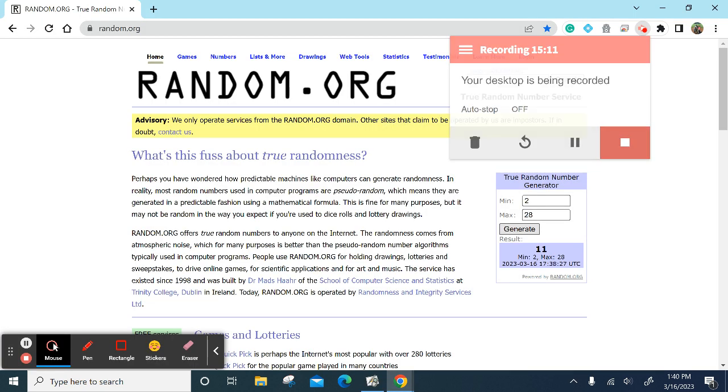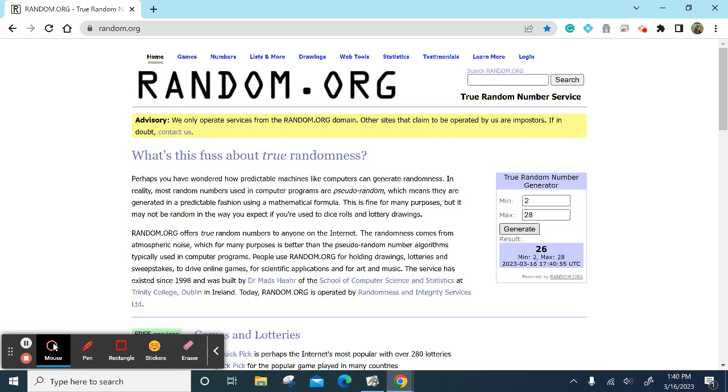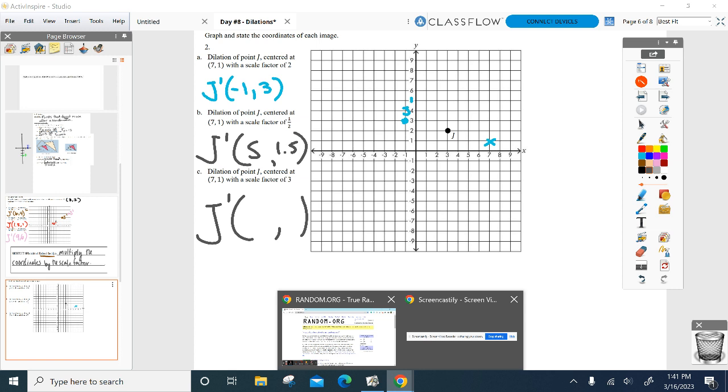Where's J prime go after a dilation of 1/2? 5, 1.5. And how about part C? Now I dilate by 3, getting even further away than part A. Negative 5, 4. Thank you.